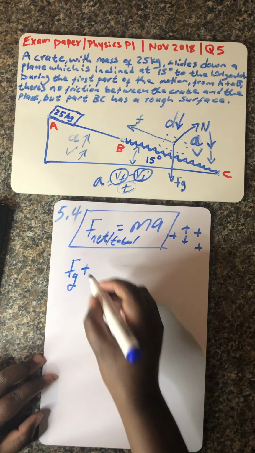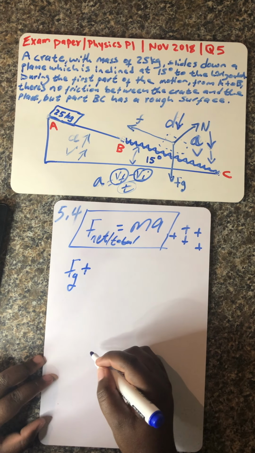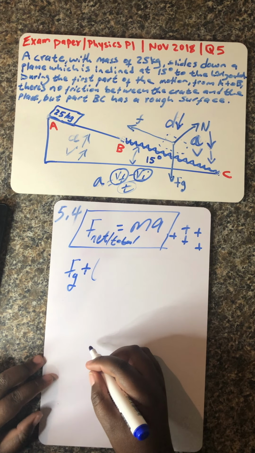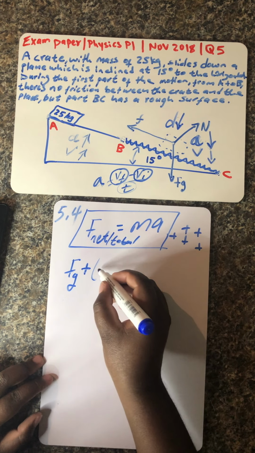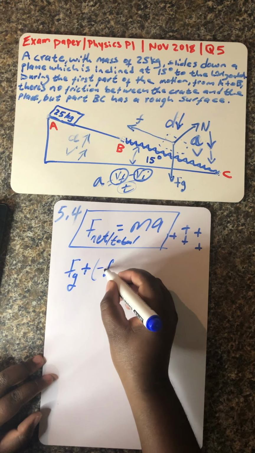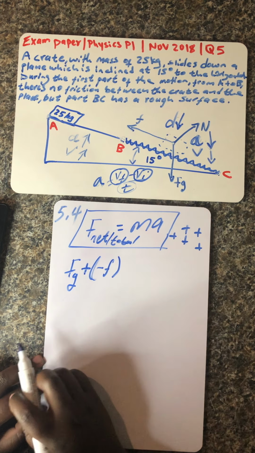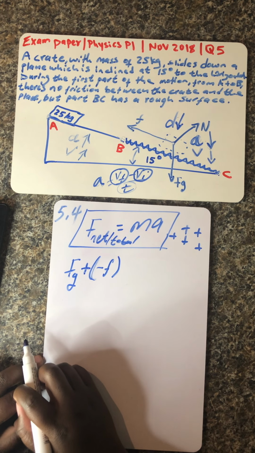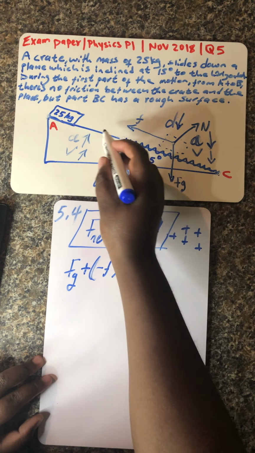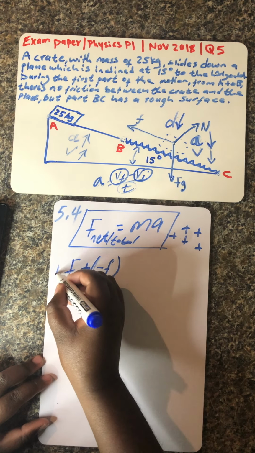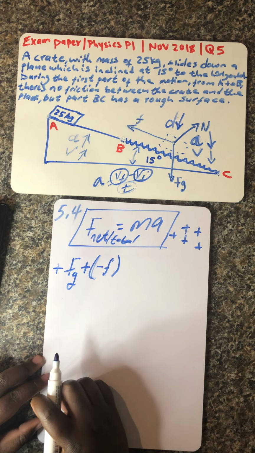Okay, so that's why I'm having a positive there. But most importantly, guys, the other force acting on this object is the frictional force. Okay, why in brackets am I writing a negative force? It's because this object is moving in that direction, which is assumed to be a positive direction.